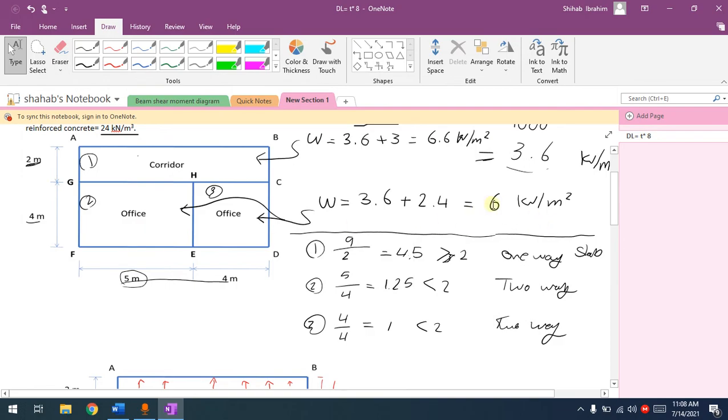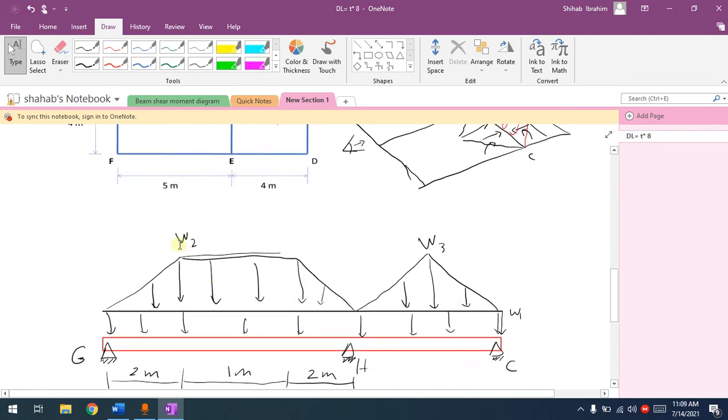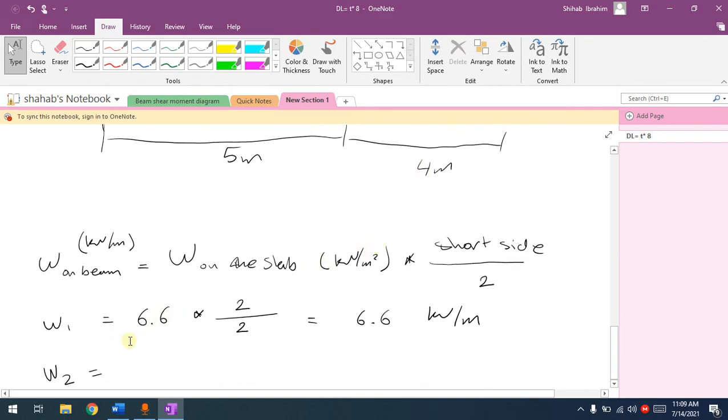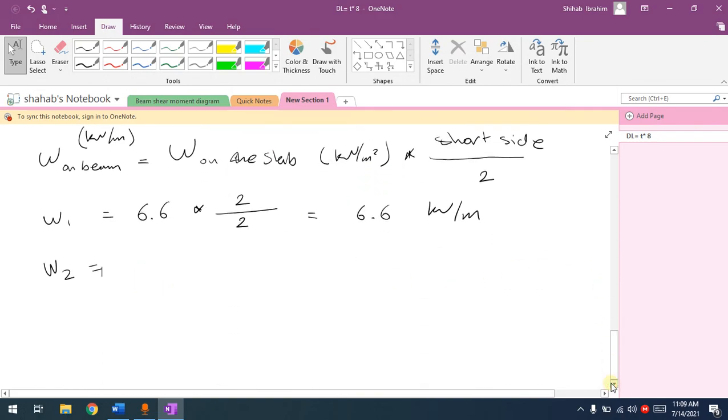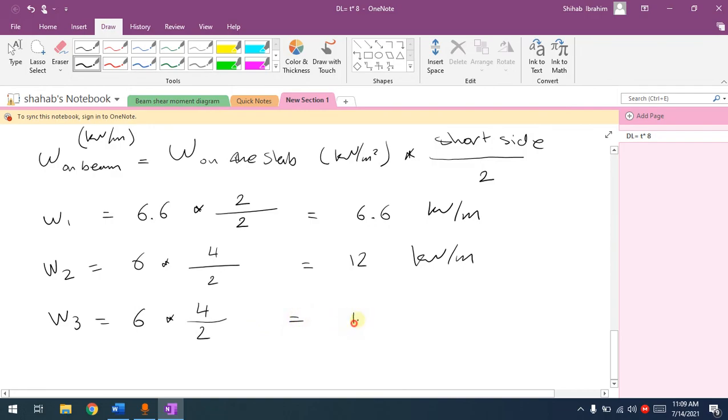So for both of them, since the load is the same and the short dimension is the same, W2 and W3 will be the same. So I can just write both of them under each other. For W2, the load on the slab is 6, multiplied by the short distance 4 divided by 2. That's going to be 12 kilonewton per meter. For W3, similar, the load on the slab is 6, short dimension 4 divided by 2. That's going to be 12 kilonewton per meter.